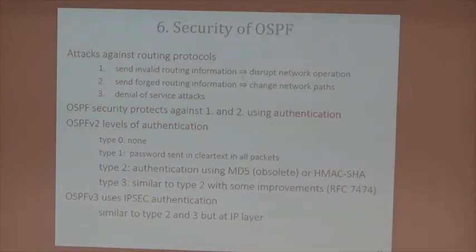So we have seen that OSPF is able to compute routes and react to changes. Let's say a few words about the security of OSPF. So how could you attack a routing protocol? Well, an obvious thing is to send invalid routing information.